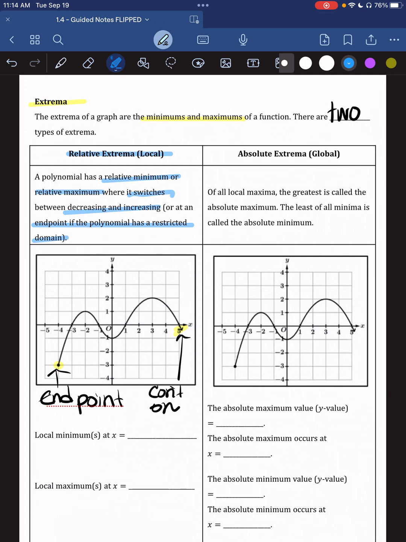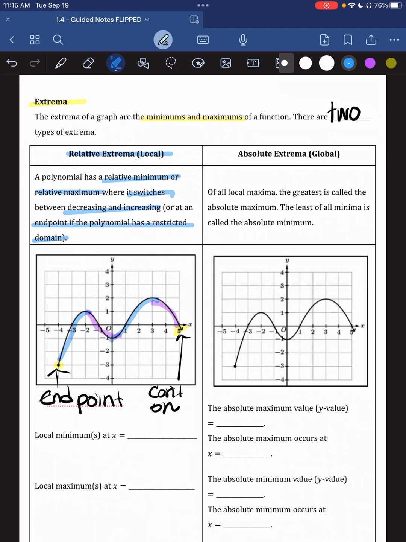If we notice here, this is increasing, and then we go decreasing, and then we go increasing, and then we go decreasing. So anywhere along that line where the colors change, that would be either a local minimum or a local maximum. Now we just have to decide which one's min and which one's max.